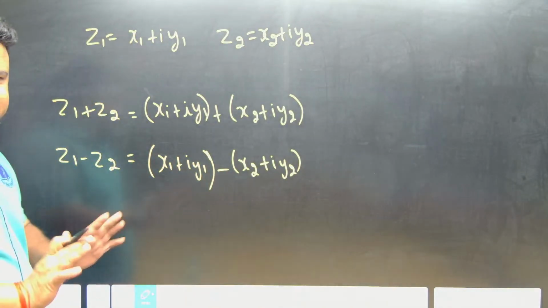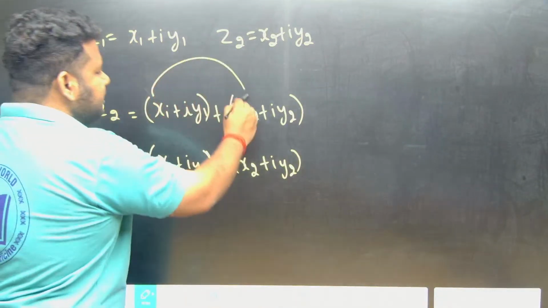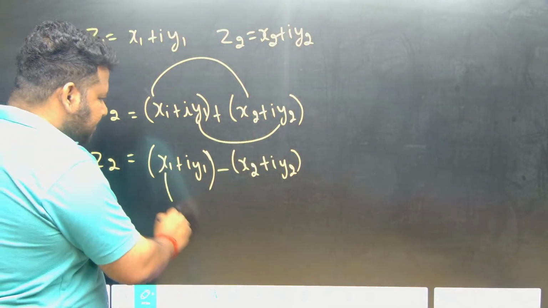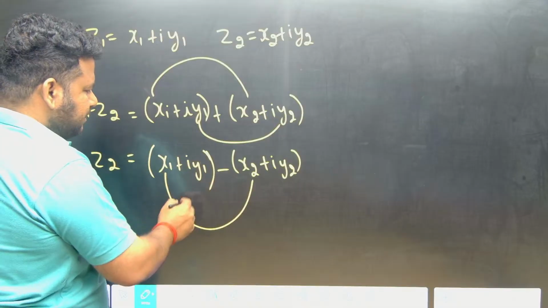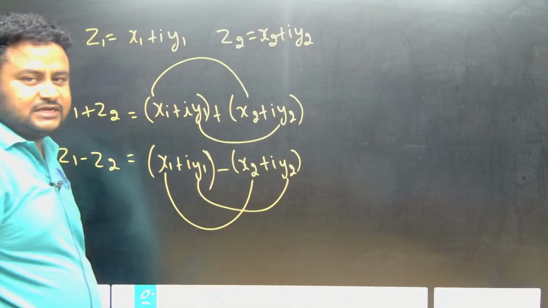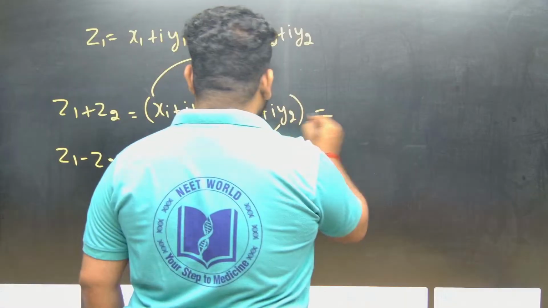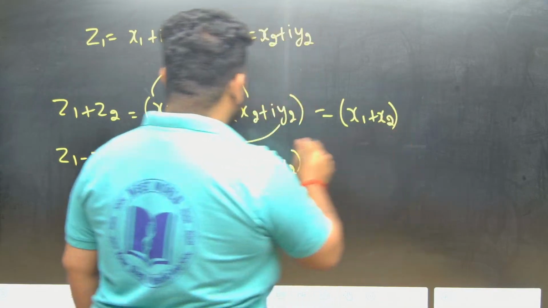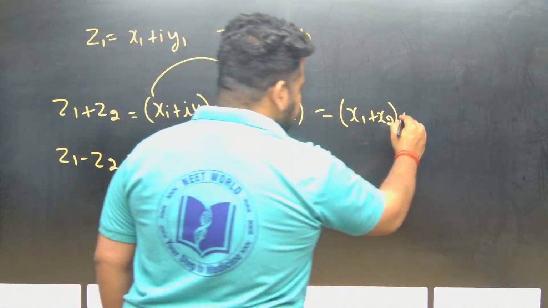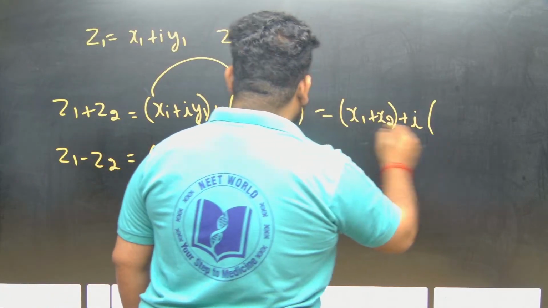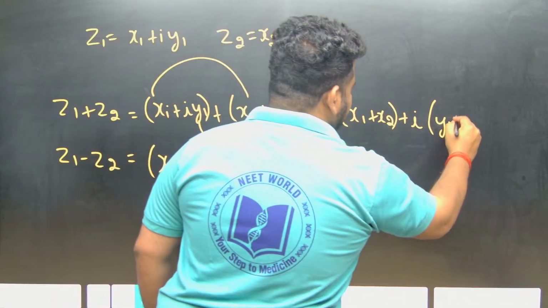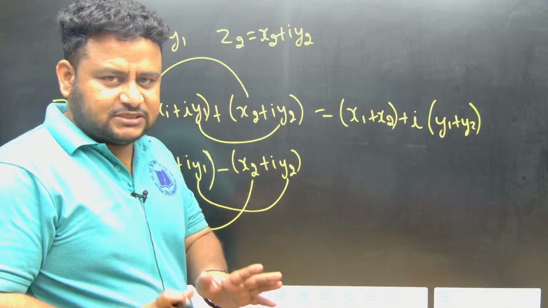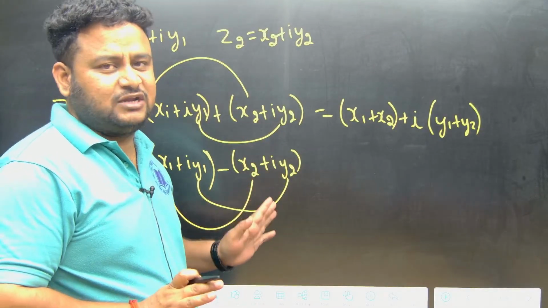What you have to do is very simple: real part add to real part, imaginary part add to imaginary part. For subtraction, subtract real from real part, imaginary from imaginary part. So this will become x1 plus x2. For the imaginary part, write i outside: y1 plus y2. Imaginary with imaginary, real with real, for addition and subtraction.